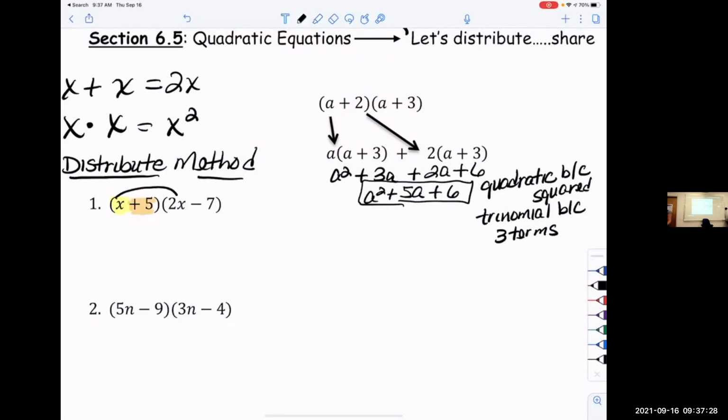So that's going to be x times 2x, x times negative 7, and then the same thing with a 5. 5 times 2x, 5 times negative 7.